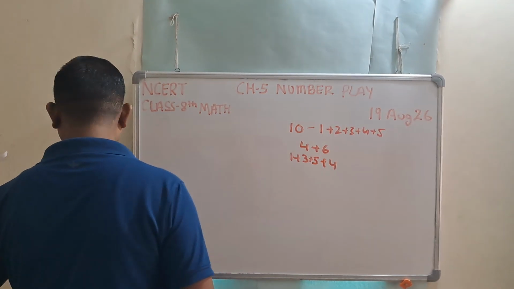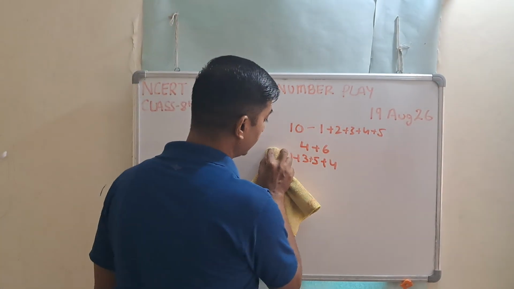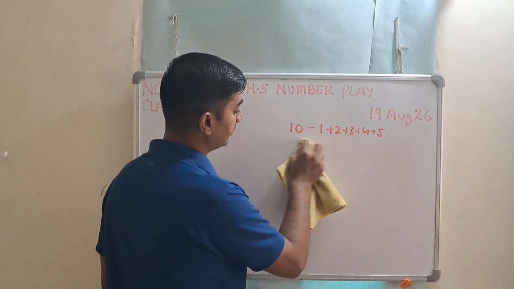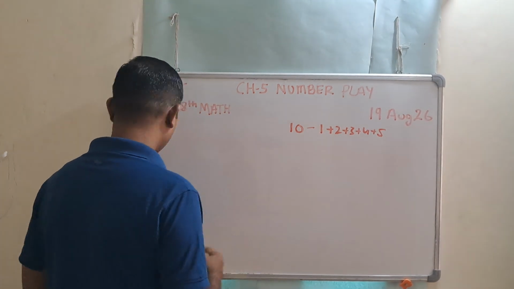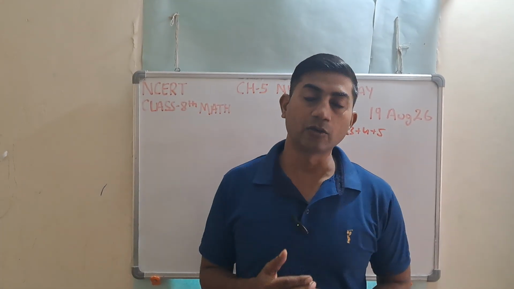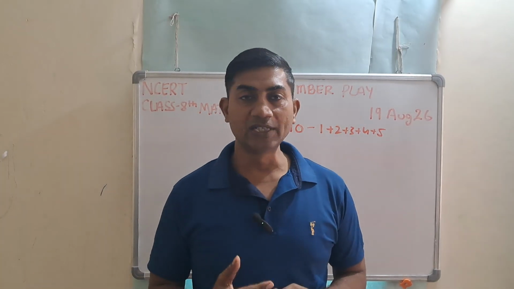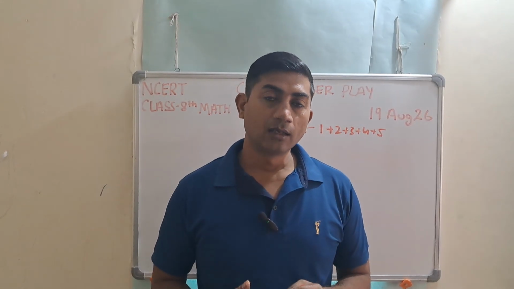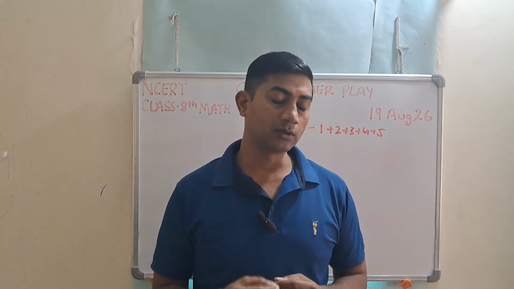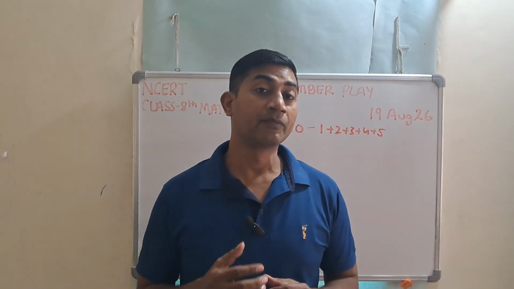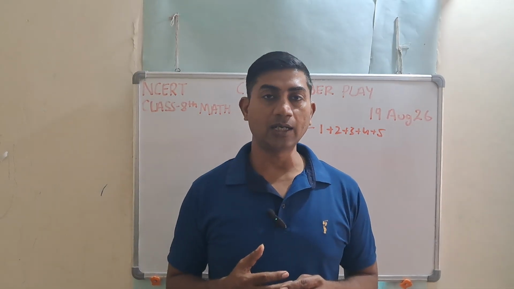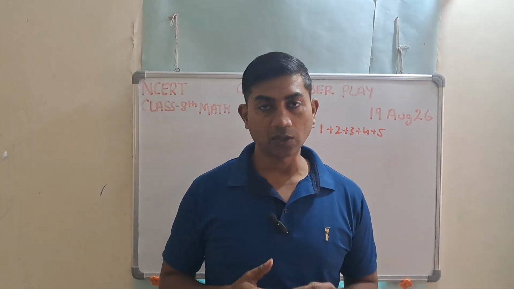Now, what are we struggling with here? We are struggling to find a pattern through which we can find the consecutive numbers, through which we can find whether an even number can be represented as a sum of consecutive numbers or not.